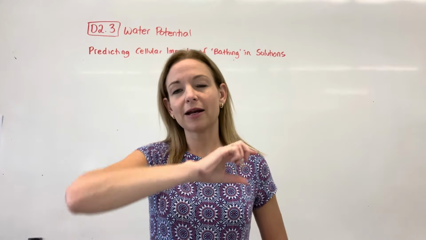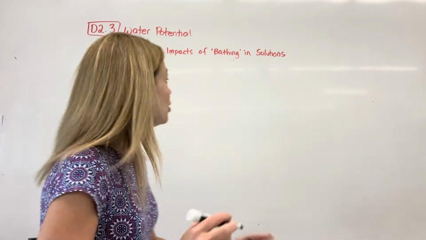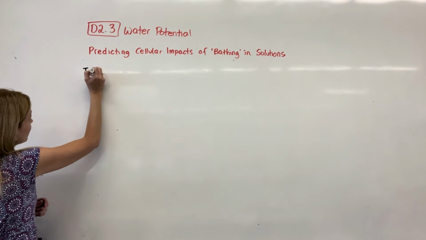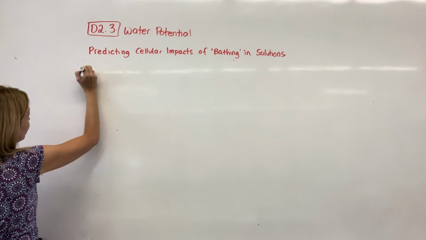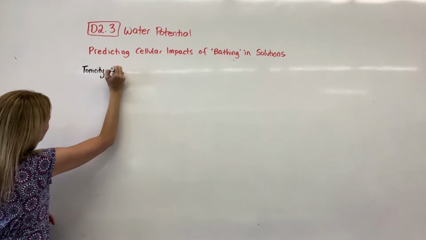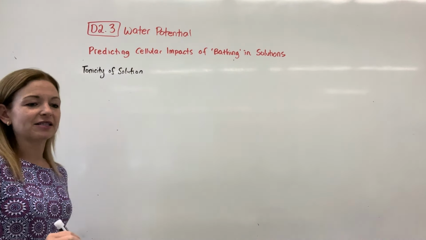Okay, so we'll set up the columns and then go from there. So we need to say it depends on the solution. So we'll call that tonicity of the solution. So the prediction is going to vary based on that.